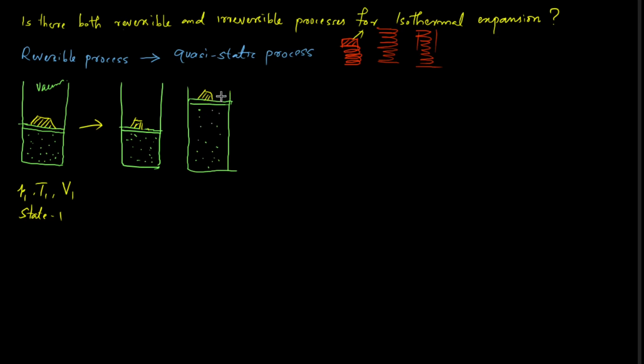Now assume that we have waited for a long time, so that the system is now in equilibrium. So at this point we have our equilibrium values. Say pressure is P2, and temperature has changed, because pressure decreases and temperature also will decrease.